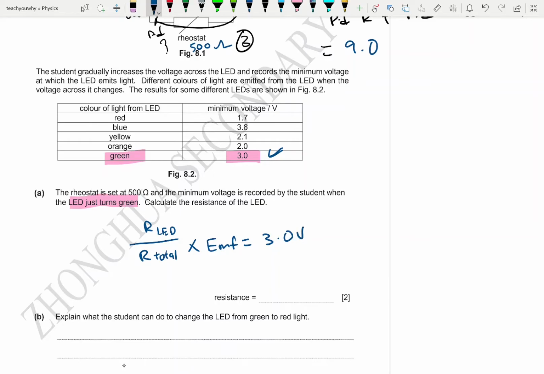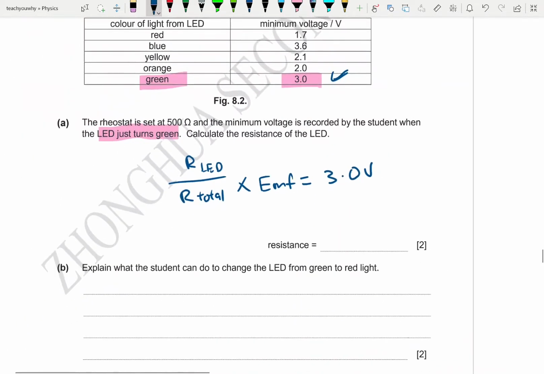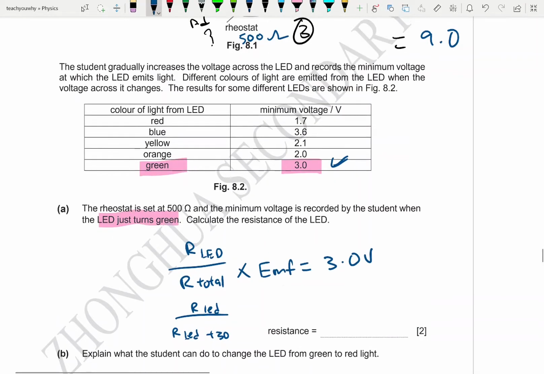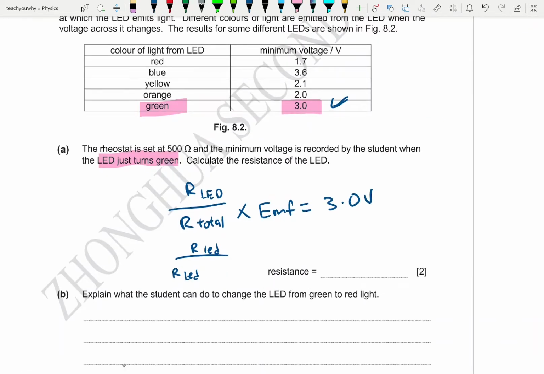So what is my R total? R total is RLED plus 330 plus 500, times 9, equals 3.